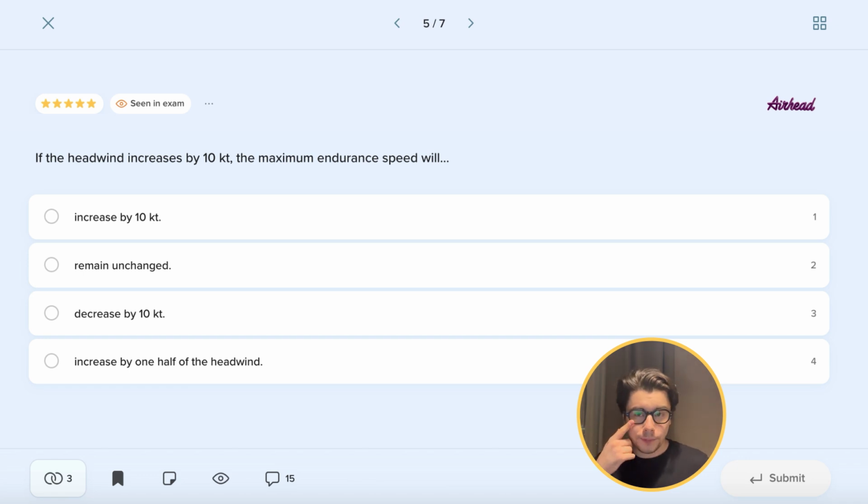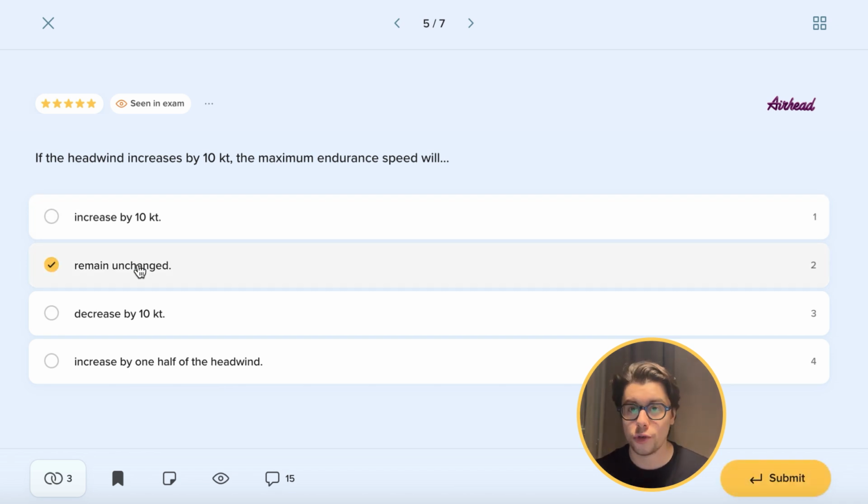And of course, if you are encountering headwind, it's always best to fly slightly faster. However, this is not about endurance. That would be about range and fuel economy. In that case, your endurance speed will always be the same no matter the wind.